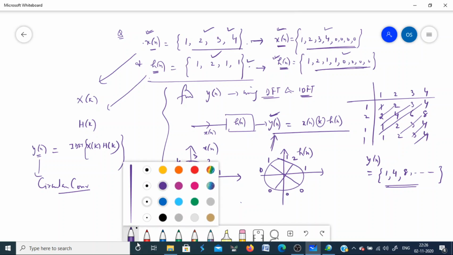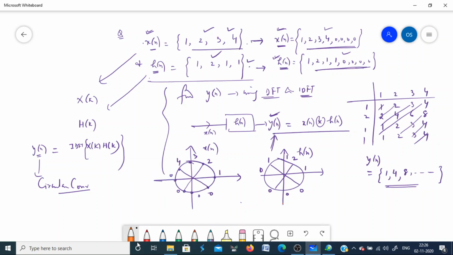Now you find the first sample using the circular convolution. You have to fold one sequence. If I fold this sequence, I have to write it in the reverse direction, so it will become 1, 2, 1, 1, then 0, 0, 0, and 0. Then you have to multiply with the other sequence and add them together.